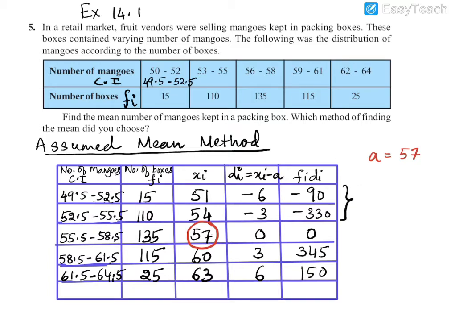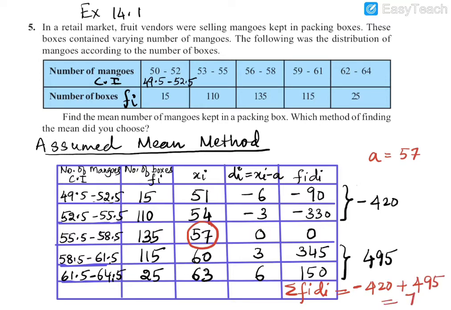On adding the numbers with negative sign, we get minus 420, and on adding the numbers with positive sign, we get 495. So summation fi di is equal to minus 420 plus 495, which is equal to 75.